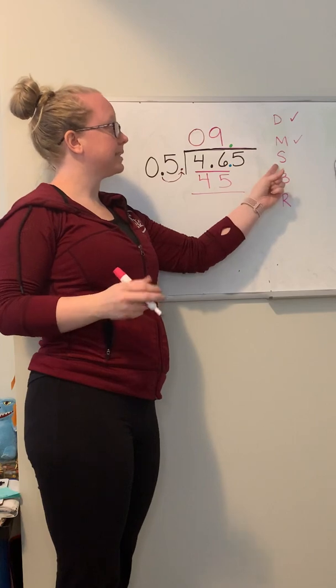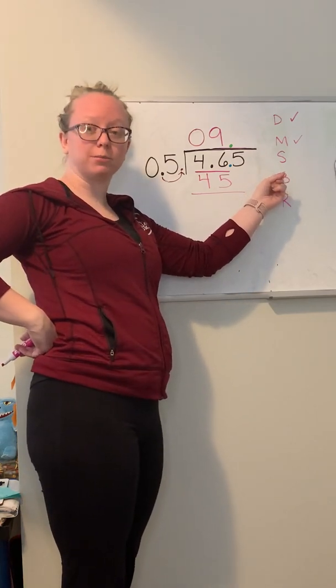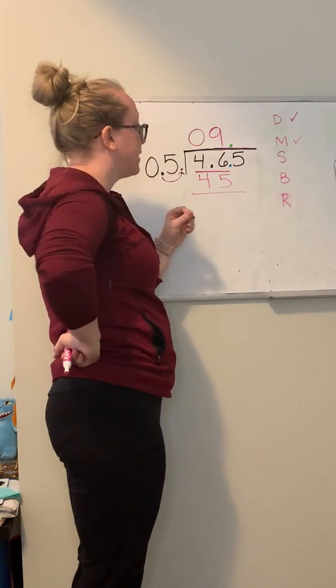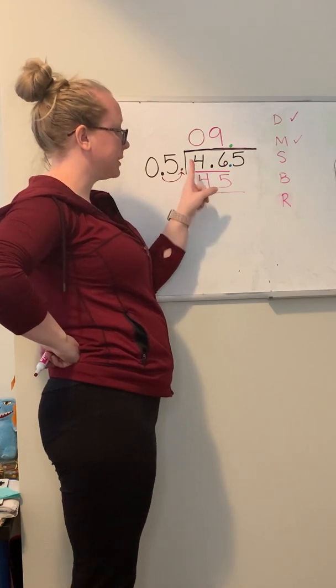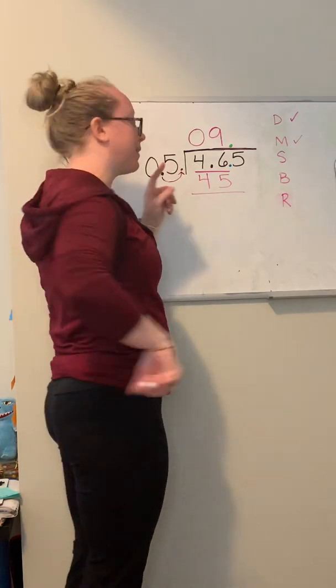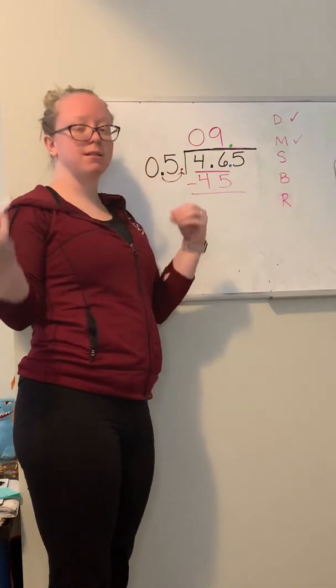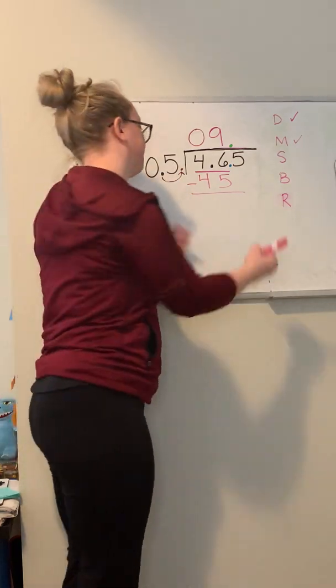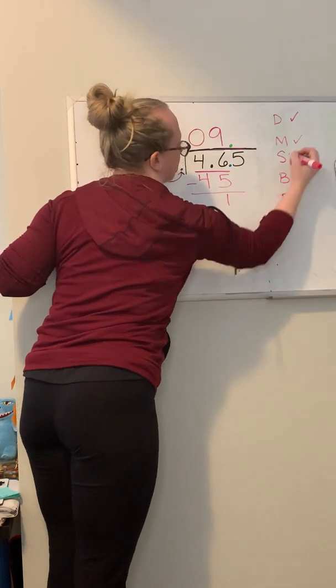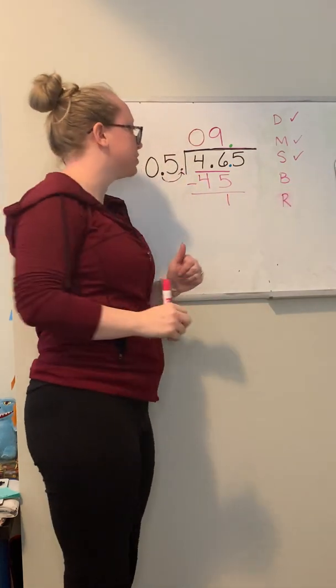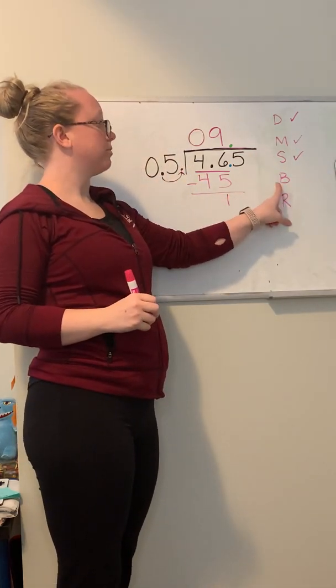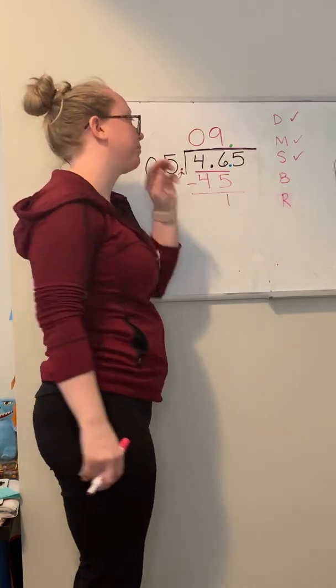I then go down to my next step, which is an S, which stands for subtraction. And I know I have to subtract 46 minus 45. And I know 46 minus 45 is 1. And I can check off my subtraction step. I then move down to my B, which stands for bring down.